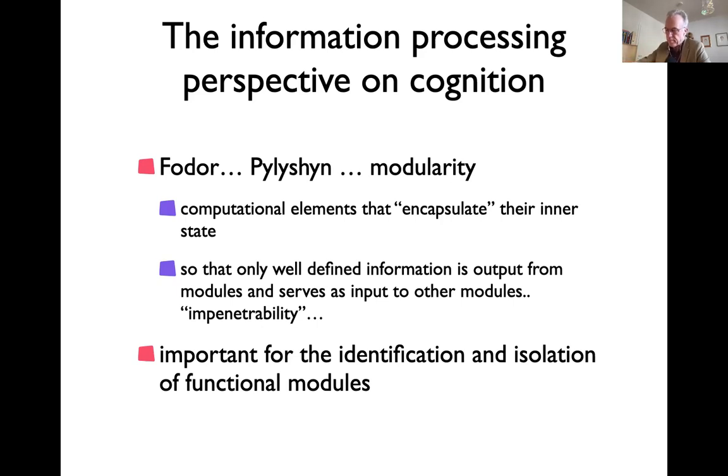Therefore these perceptual properties are not penetrable. And I would say that debate has also been a little bit sterile, although this problem of modularity is a problem also for contemporary models.